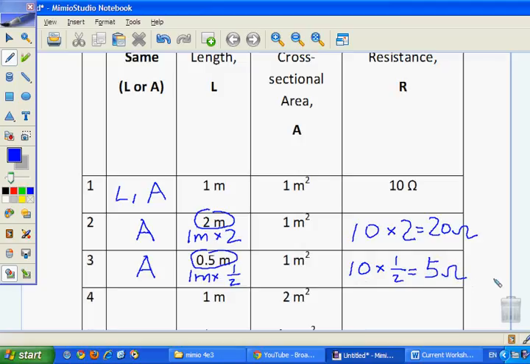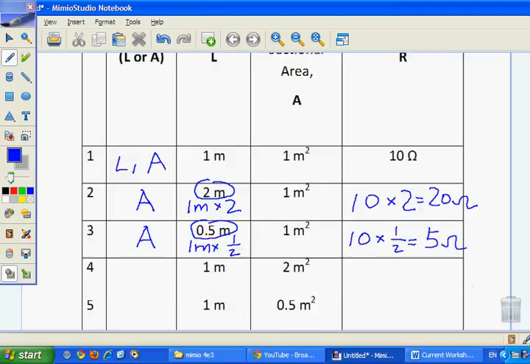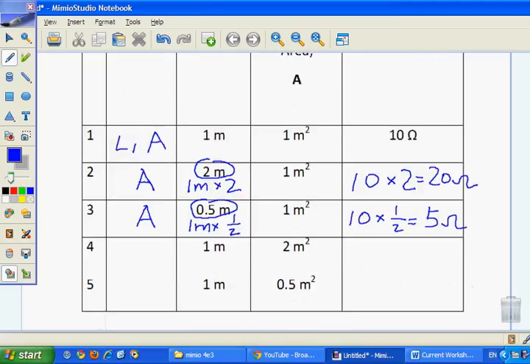Let us move on to the fourth row. What remains the same is actually my length, so I just fill in 1 meter compared to 1 meter, and the only thing that changed is my cross-sectional area. If you compare with the original area, 1 meter squared is now times 2.